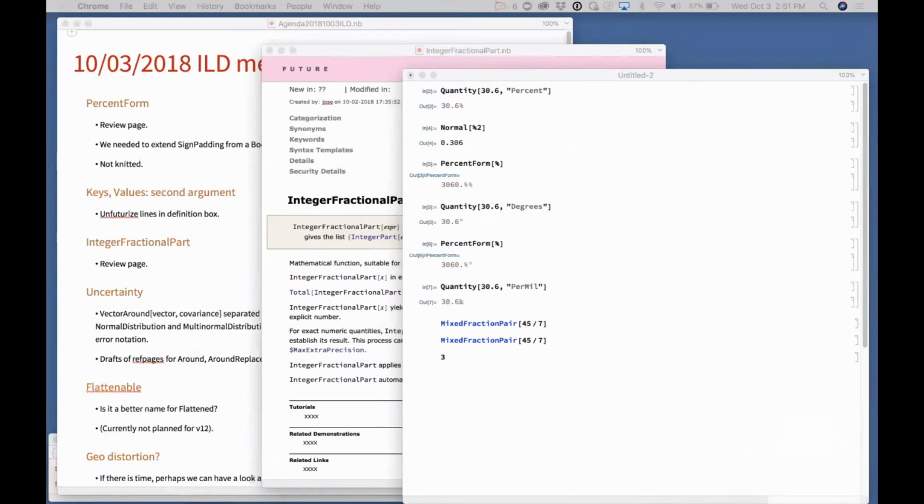A mixed fraction is an improper fraction written in the form n plus r over s. Let's see whether people have a name for this. A mixed fraction is a whole number and a proper fraction combined.